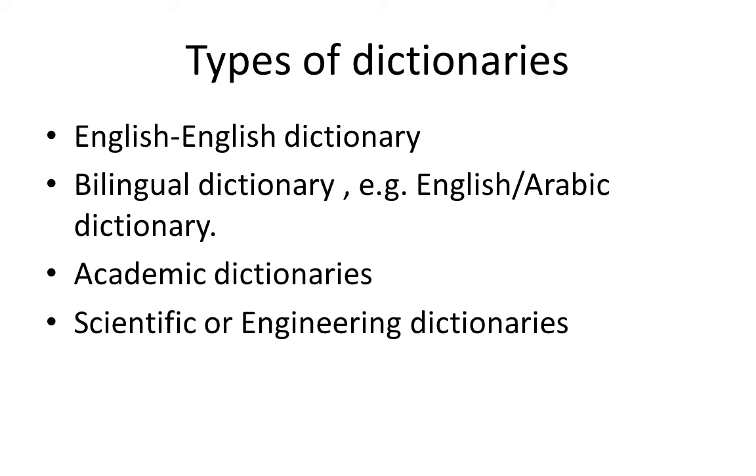Scientific or engineering dictionaries, the fourth type of dictionaries, contain only the words that are used for a specific discipline, such as the engineering field or the scientific field. So this dictionary contains only the words used in engineering or in science.